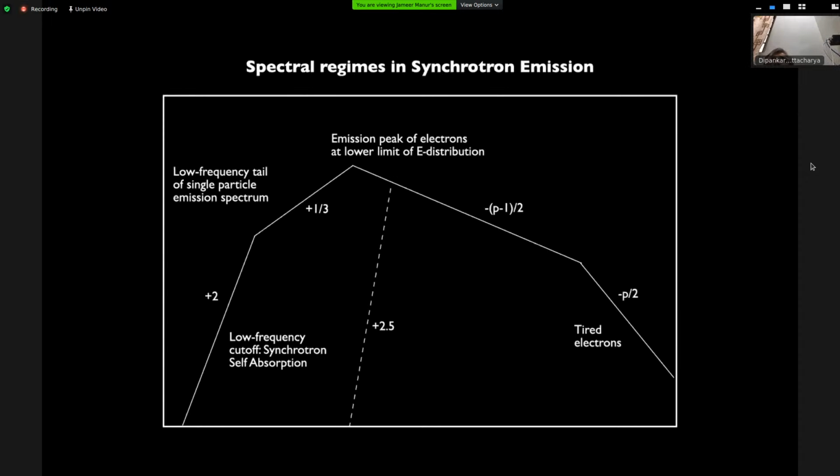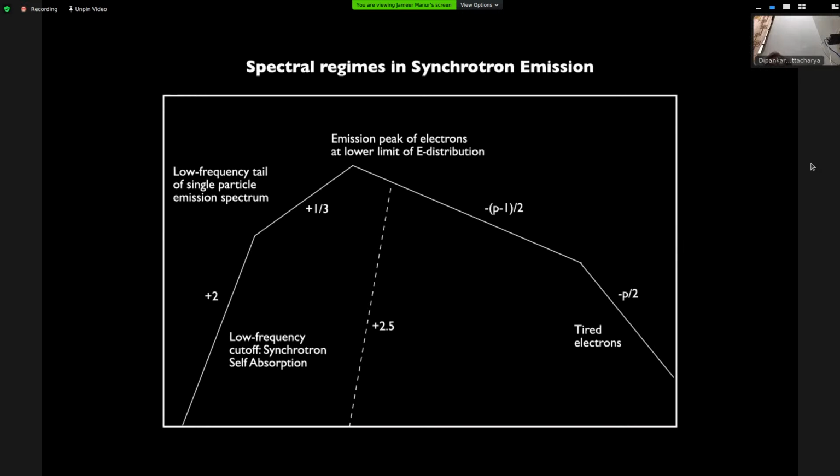So if you look at the consequences of all this, then as you go to lower and lower frequencies, at some point, the source may become optically thick. And if the source becomes optically thick, the nu to the power of minus (p minus 1) by 2 spectrum will then transform into a spectrum where the slope is equal to the source function.